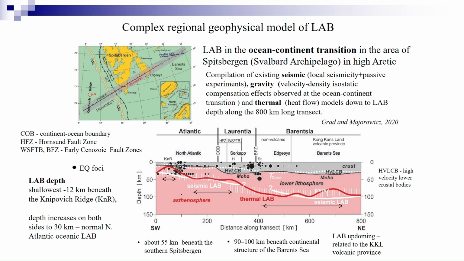LAB depth increases to a normal 300 km beneath the Atlantic Ocean. Seismic LAB attains 55 km beneath Southern Spitsbergen, and thermal LAB is at 90 to 100 km beneath the continental structure of the Barents Sea. LAB updoming further to the northeast is related to the volcanic provinces.